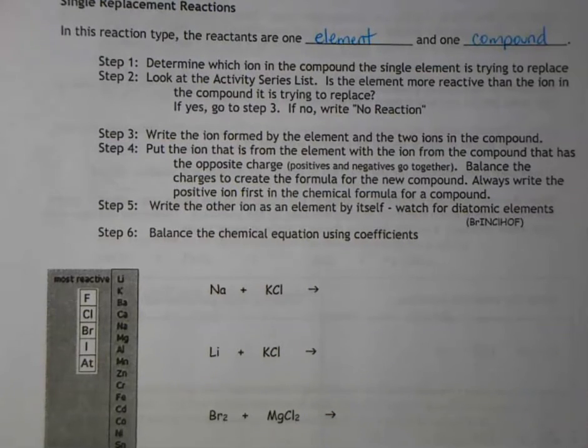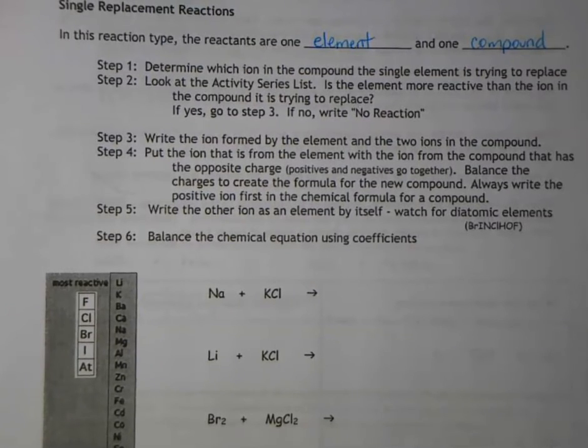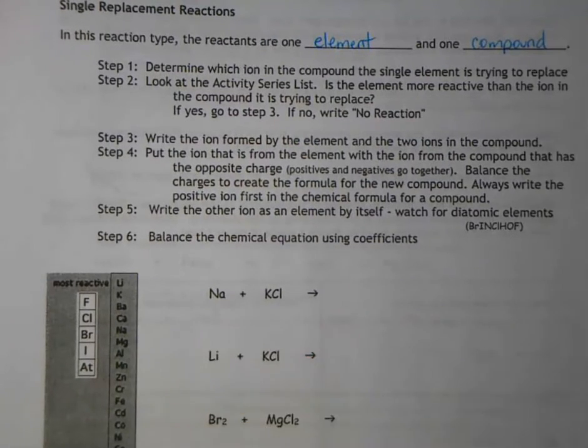So that's the pattern. In predicting the products, what we'll need to do is determine which ion in the compound the single element is trying to replace. That just means that the two substances we're going to compare, the two elements we're going to compare, have to be in the same list.